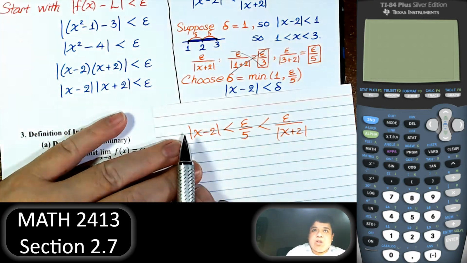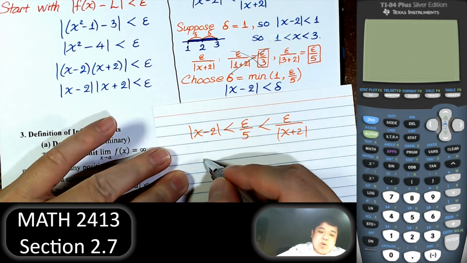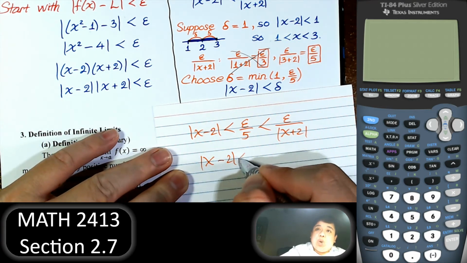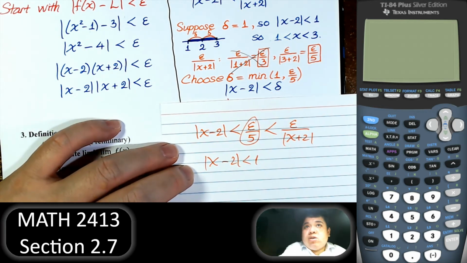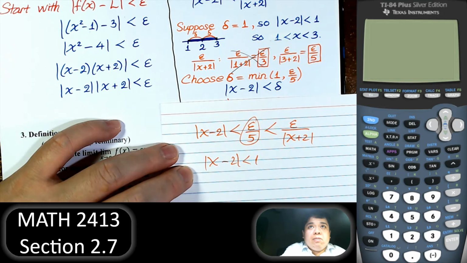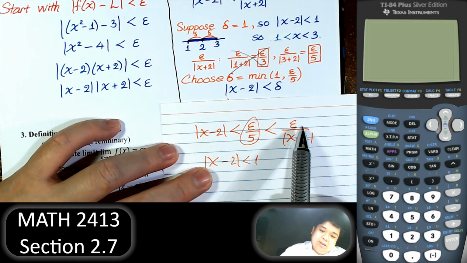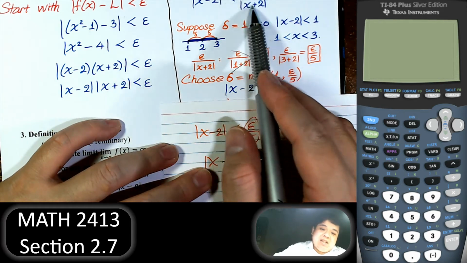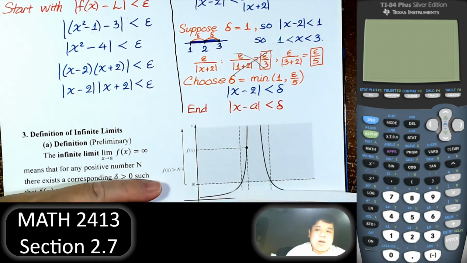Yeah, we certainly have that. So if x minus 2 is less than 1, it is good. If it is not, pick it to be less than epsilon divided by 5, in which case it is guaranteed to be less than that. Multiply both sides and write things in reverse. It's going to work.